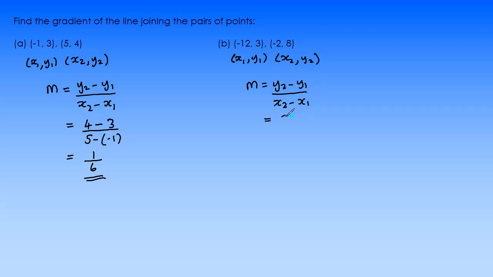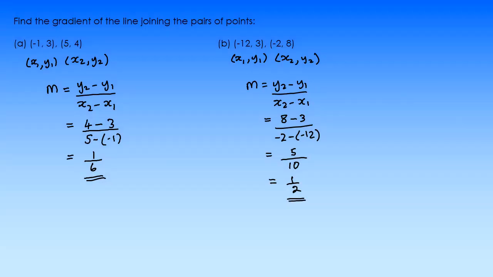So y2 is 8, y1 is 3, x2 is -2, and x1 is -12. So that gives us 5 over -2 plus 12, which is 10, giving us a gradient of 1/2.